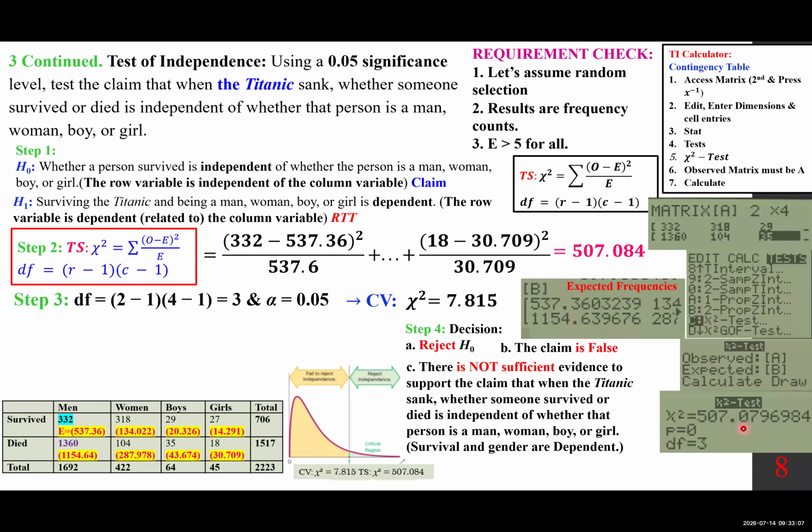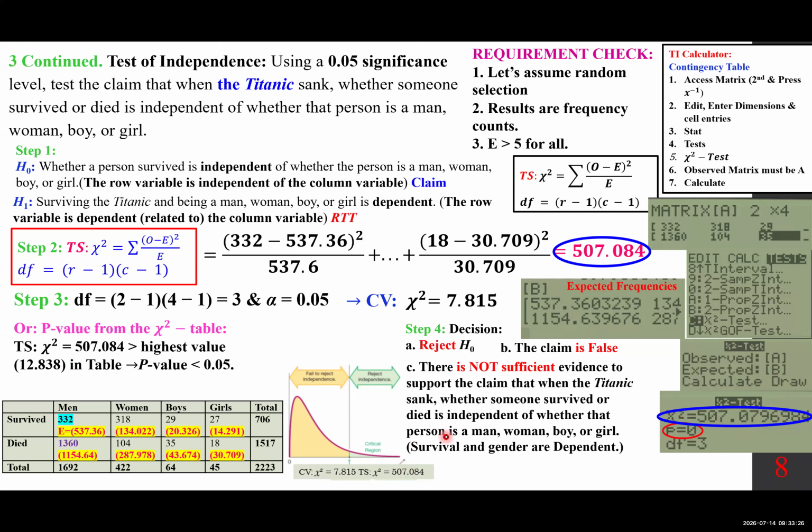And what do we notice here? Obviously, here's the chi-squared that we calculated, of course slightly different because this uses more decimals. And the p-value is 0 because it's the area to the right of this number, so there is really not much there.